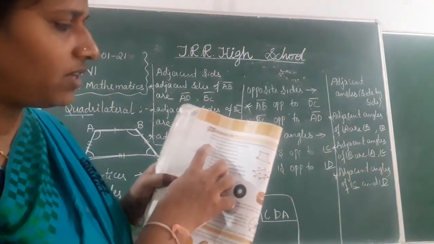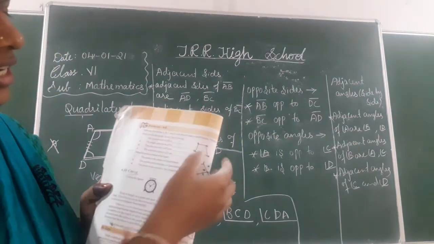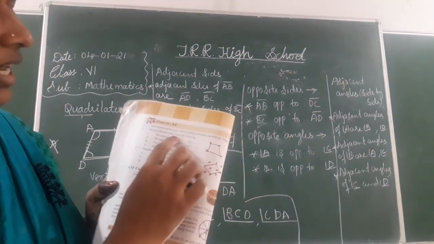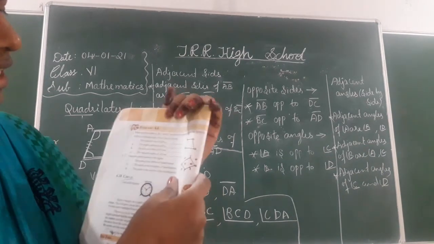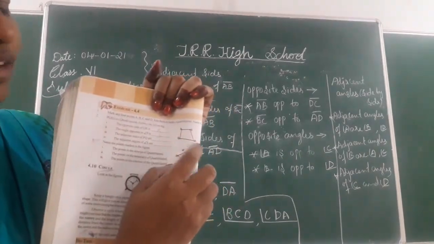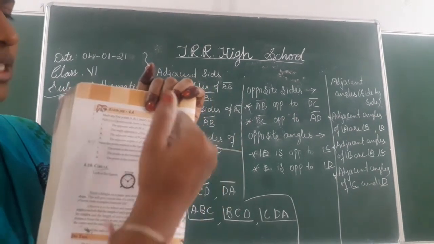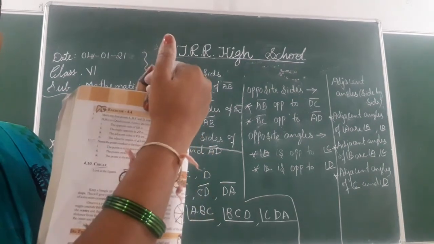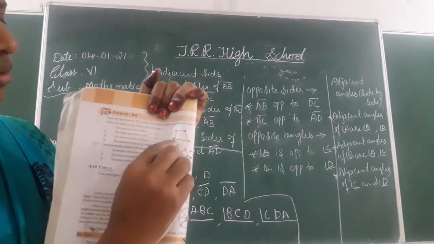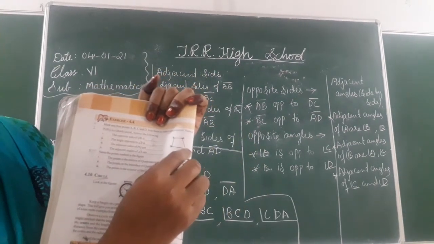In the next step, PQRS is a quadrilateral. See here a quadrilateral is given, and answer the following. The opposite side of QR: see here it is QR. The side which is opposite to QR, exactly opposite, downward, upward. Which is the opposite side of QR?